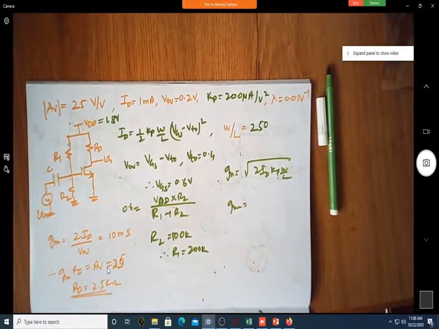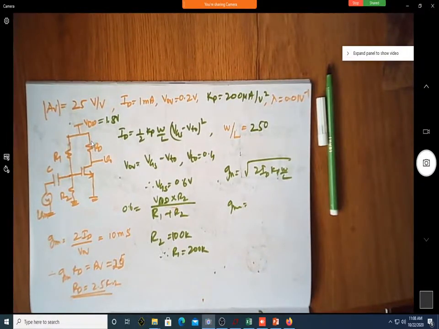Correct? Yes, sir. Meaning, if you want to use this amplifier for a gain of 25 with a value of ID equal to 1 milliampere with VDD as 1.8 volt, it is impossible to get 25 volt per volt as the gain because RD is 2.5 kilo ohms.